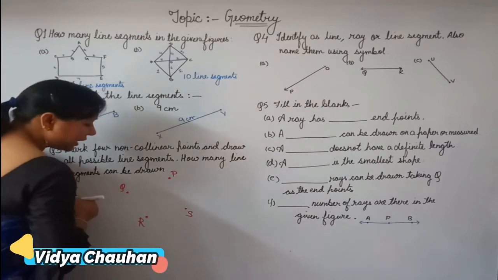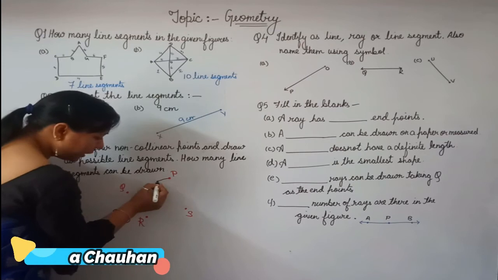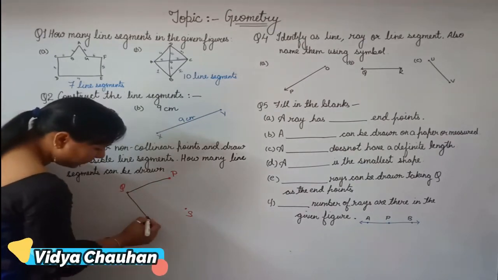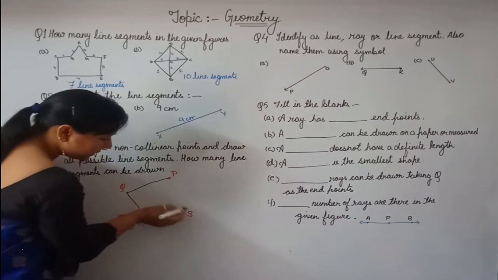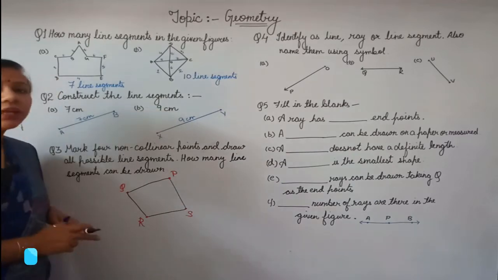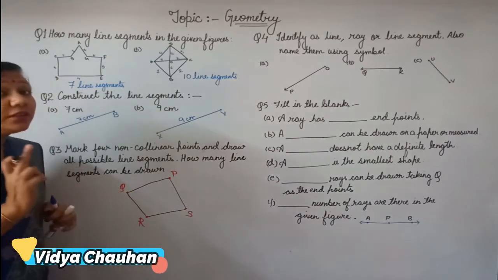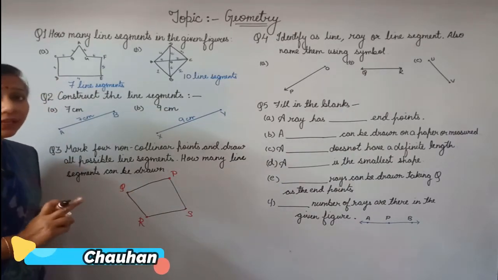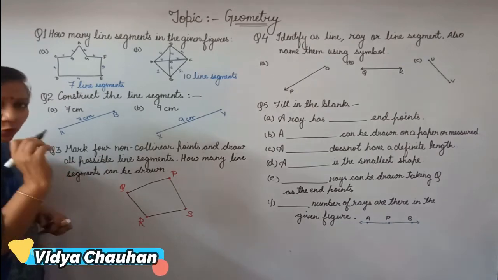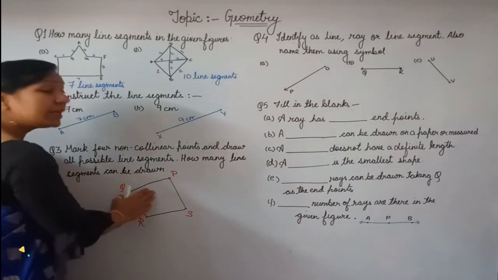So the first line segment from P to Q, then Q to R, R to S, and S to P. You will be drawing, or you can say joining these points using the ruler, that means your scale. Please use your scale to join the points. Do not use rough hand but use scale.